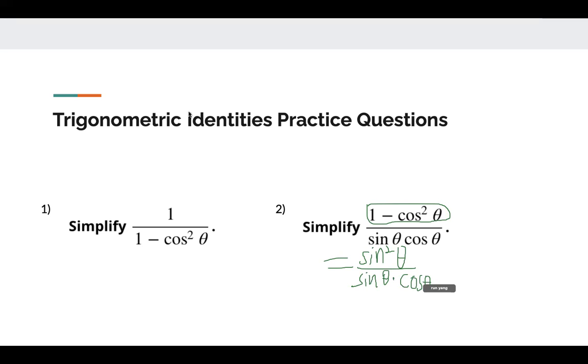Then we can cancel out the sine theta, which will result in sine theta over cosine theta. And this is the solution of these two practice problems. So next slide.